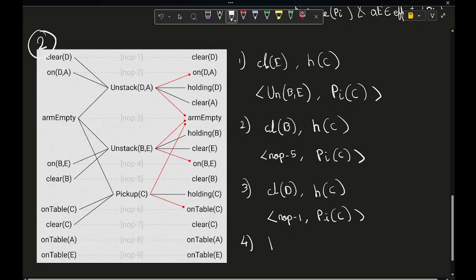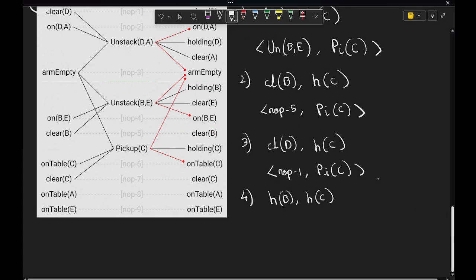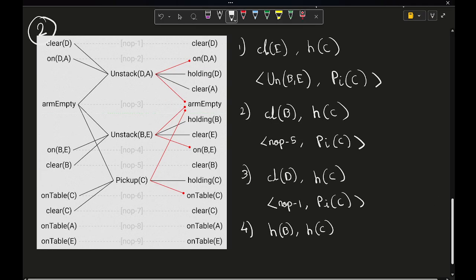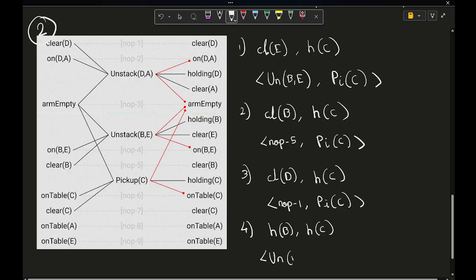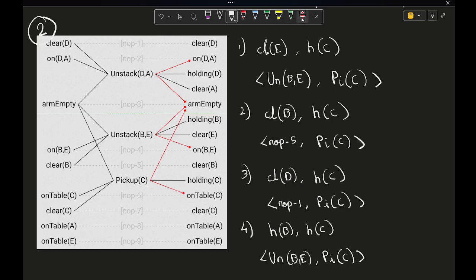The fourth one is holding B, holding C. So now we need to check for these two. Holding B has unstack B as an action, and holding C is produced by pickup C. So we now have unstack B and pickup C, and only one pair is allowed.